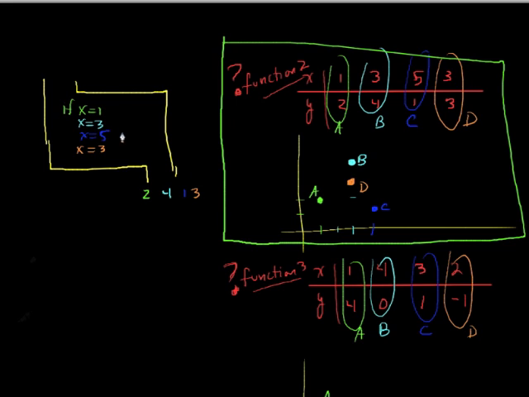So now the question is, if 1 drops in, that's easy. You can answer that question right now. You could say, well, 2 comes out. No problem. But what if I dropped a 3 in here? What if a 3 is dropped in here?